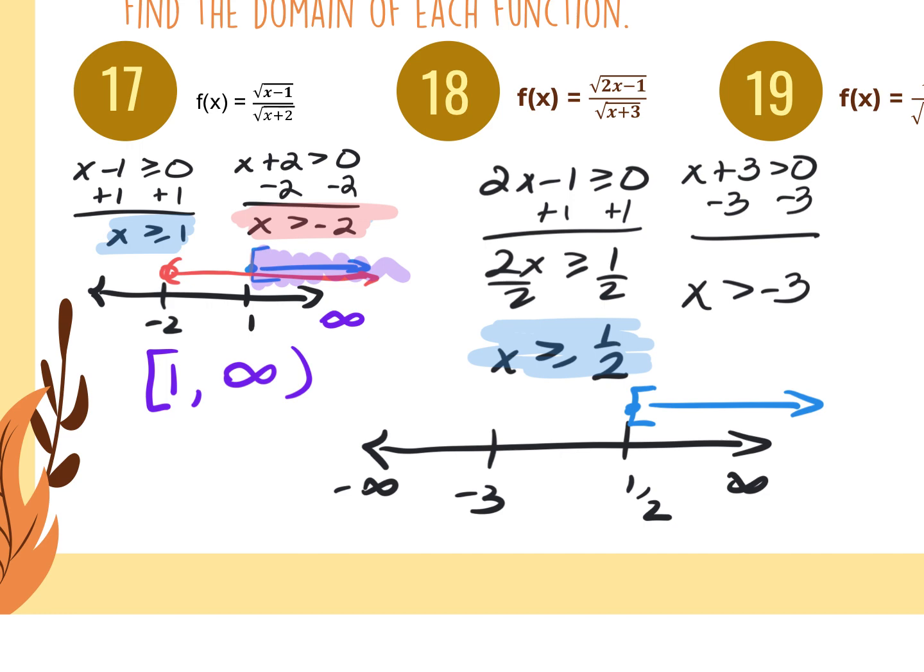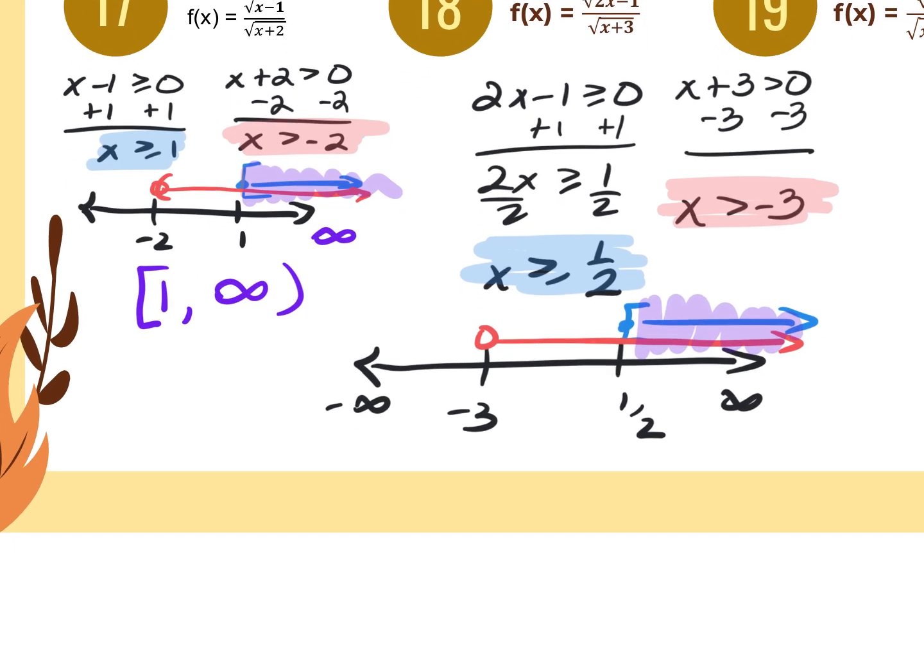And then the second one in red, open circle on -3, also going to the right because it's going towards infinity. And again, the exclusions are where I see both red and blue. So it's from the 1/2 with a bracket to infinity.